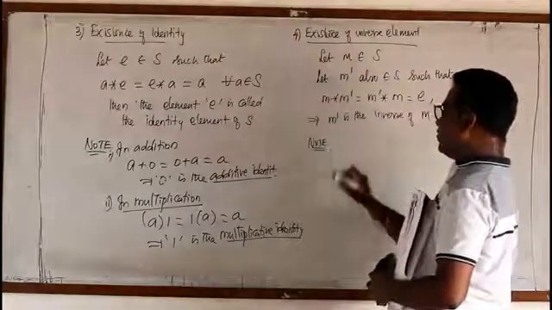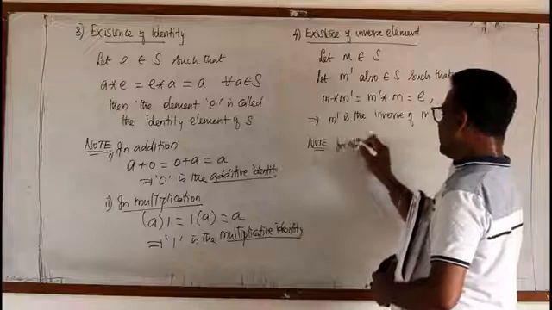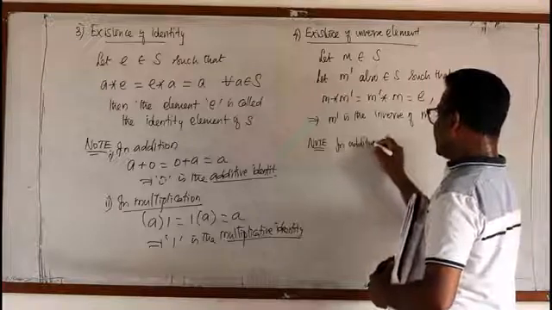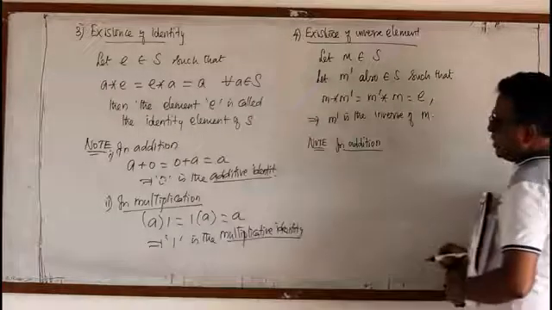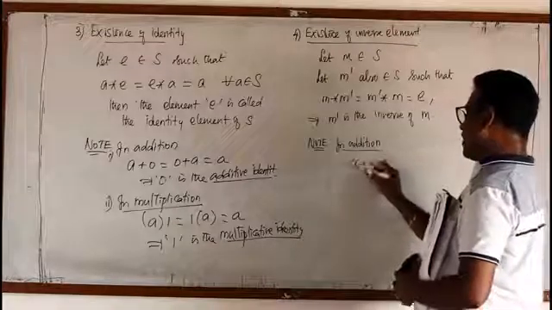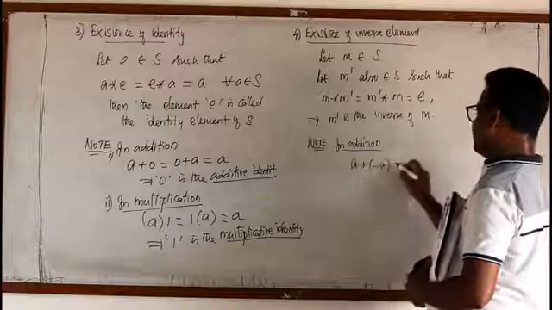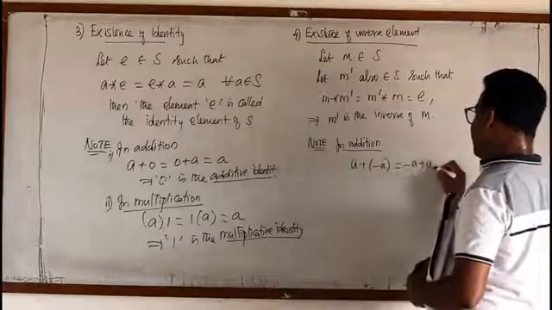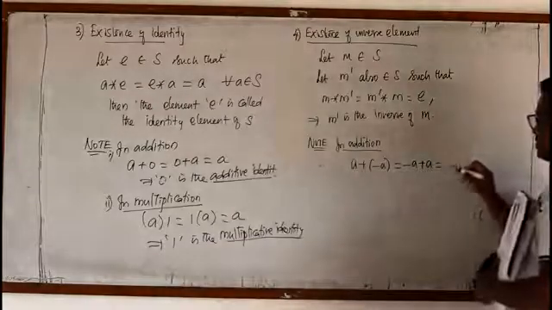Note, let us see if the operation is addition. In addition, if I take any number, maybe some A, and I add it with minus A or minus A with A, I will get the identity element 0.